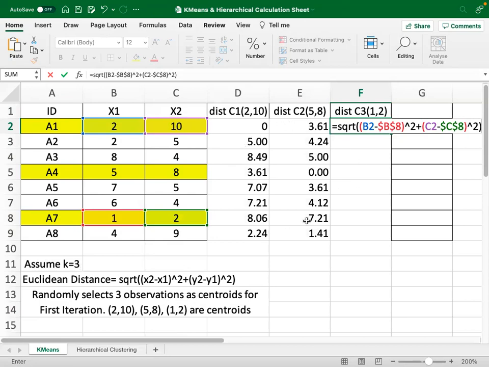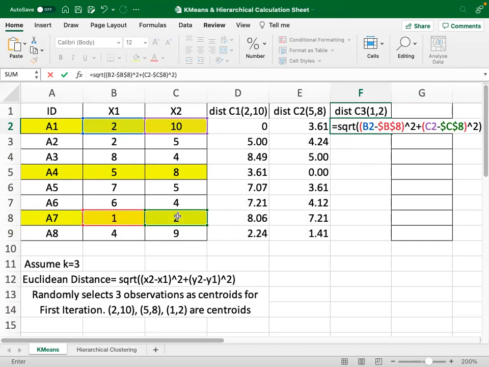Then it will use these centroids and calculate the distance between the centroid and the observation. Here we calculated the distance between all other observations and 2, 10, then 5, 8, and for cluster 3, 1, 2. That means 2 minus 1 whole square plus 10 minus 2 whole square, square root of. Similarly, 2 minus 1 whole square plus 5 minus 2 whole square.